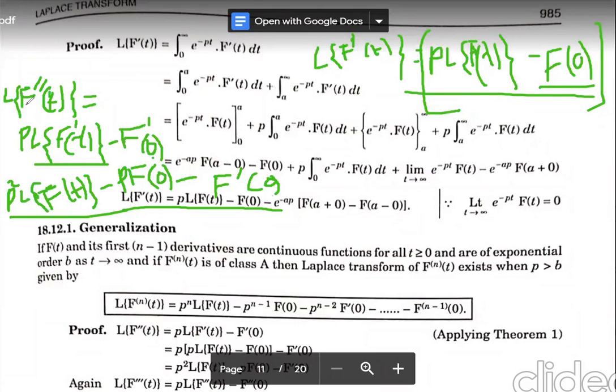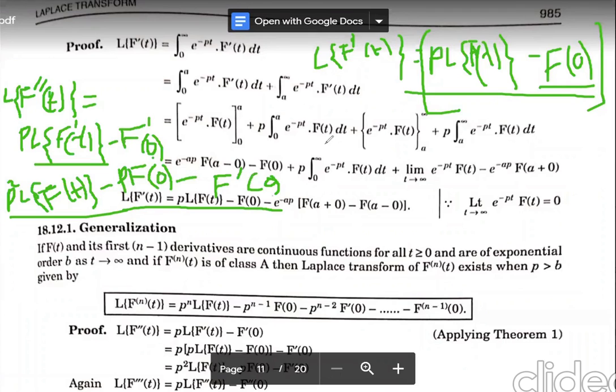For the second order derivative, the power of p will be 2, so p square times the Laplace transform of f of t minus p f of 0 minus f dash 0.